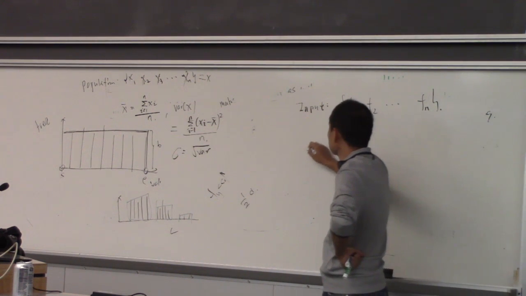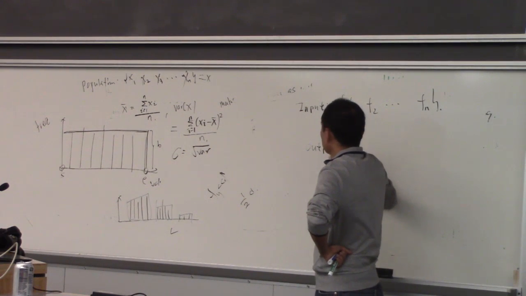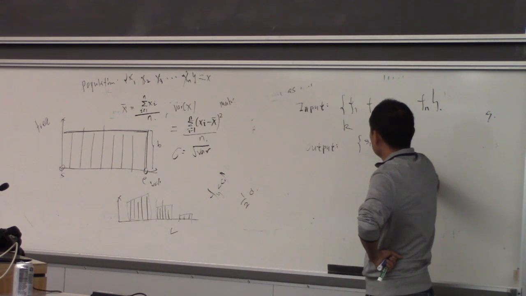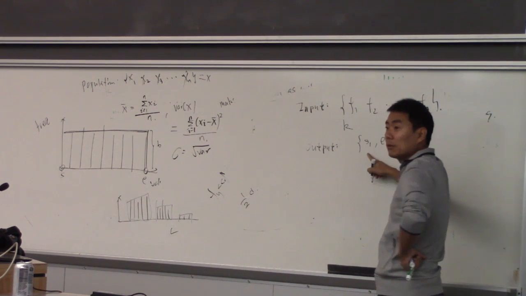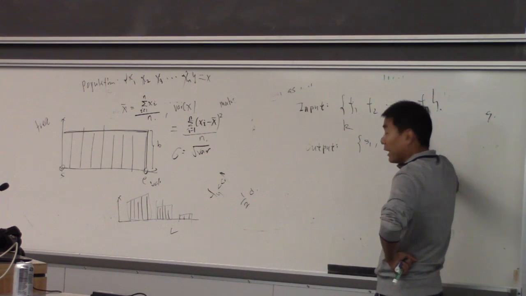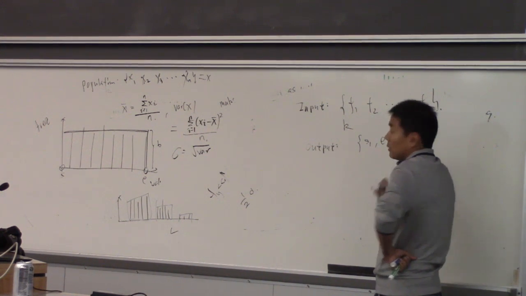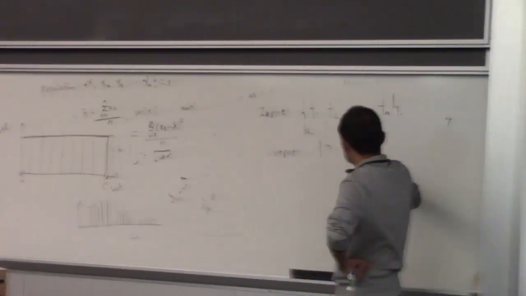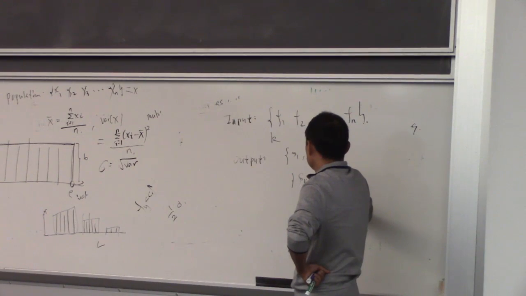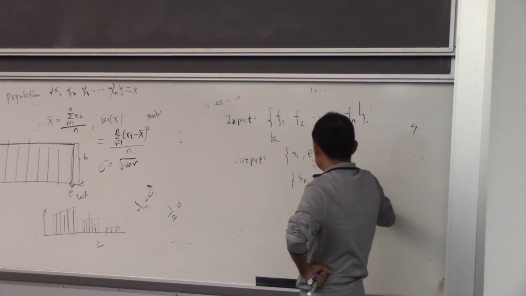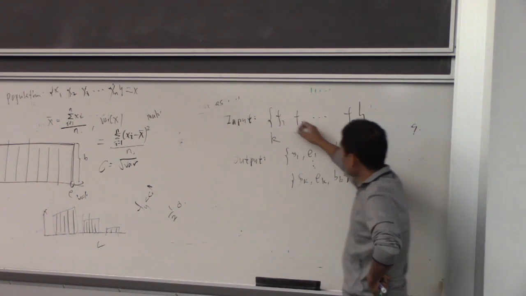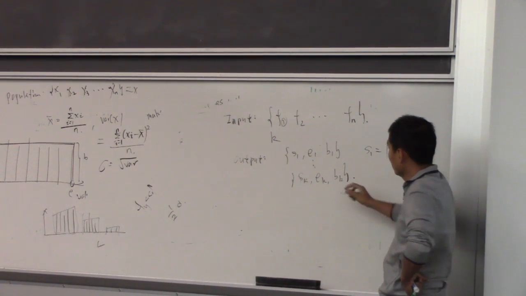And what's your output? K buckets, right? So what you need to define is the starting boundary of the first bucket, the ending boundary of the first bucket, as well as the height of the first bucket. And you do this for each bucket with the requirement that the first must be equal to the starting value.